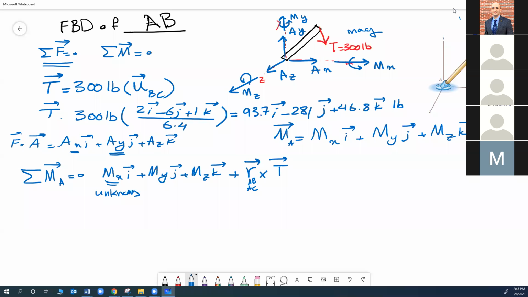This is the line of action. So it's going to be MXI, MYJ, MZK plus I, J, K, R. I think I picked AB. So it's going to be 6, 6, 2.